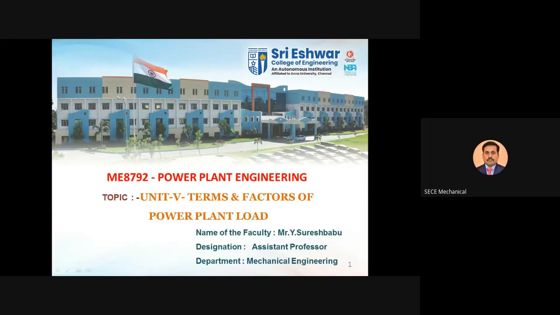Today we are going to discuss another topic of power plant engineering. We have already discussed four units, and in the last few classes we discussed the fifth unit, related to power plant design.